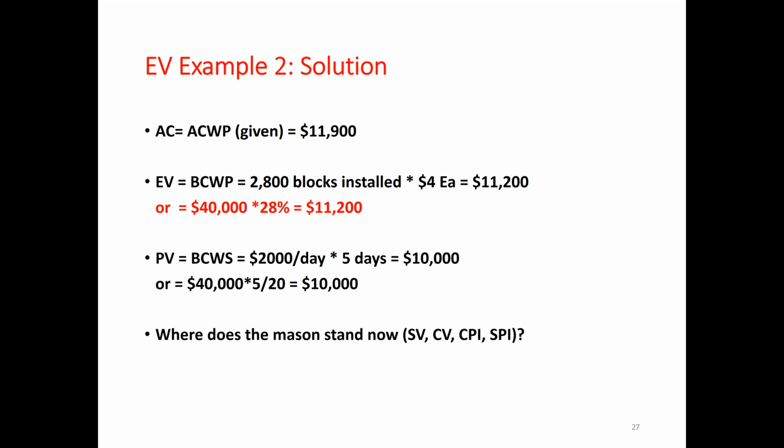One is that he has installed 2,800 blocks at $4 each, so the earned value is $11,200. Or we can calculate by the percentage of work complete, 28%, which we calculated before. We multiply 28% by the total value of 40,000. So the EV is $11,200.